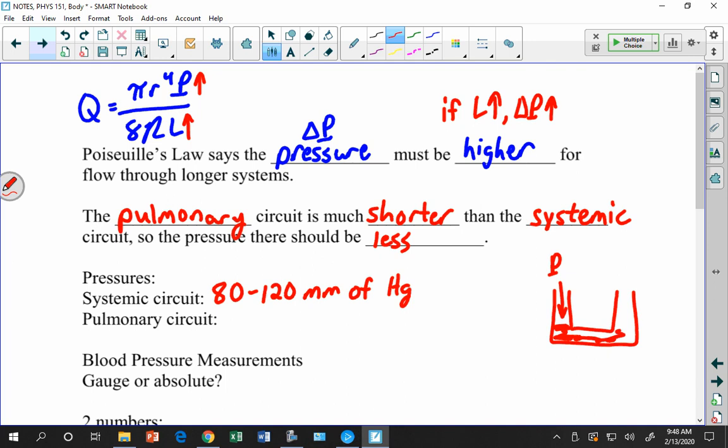It pushes a fluid up on this side. This distance would be that 80 to 120 millimeters. It would be filled with mercury, and this would be my pressure. I would be required to have a pressure over here that would push that fluid up 80 to 120 millimeters. Whatever the height is, that would give us the pressure. That's where that comes from.